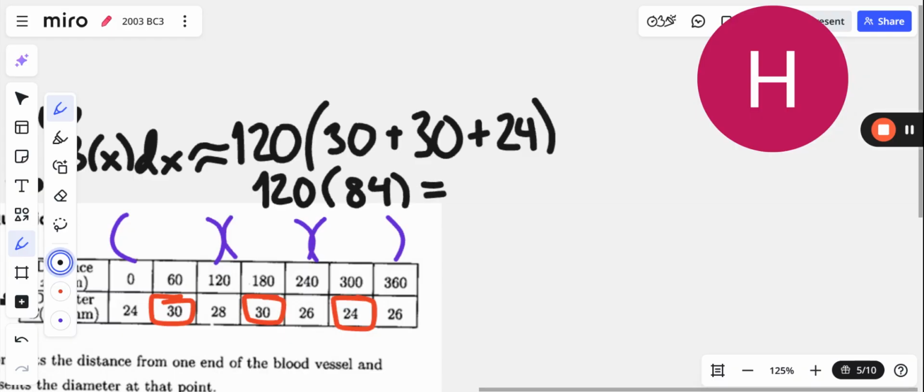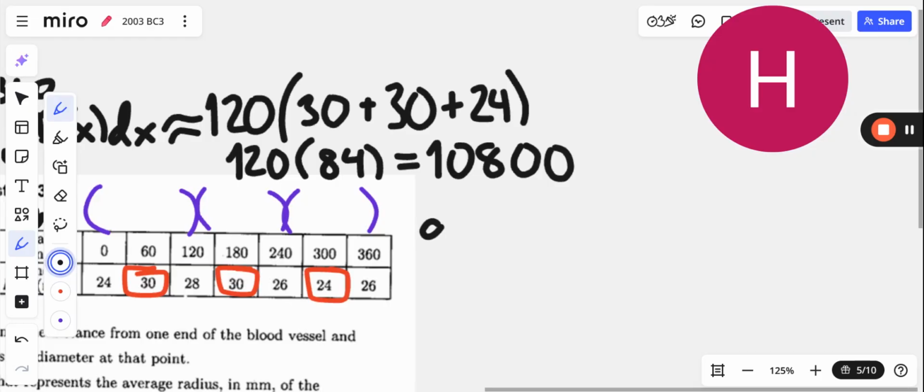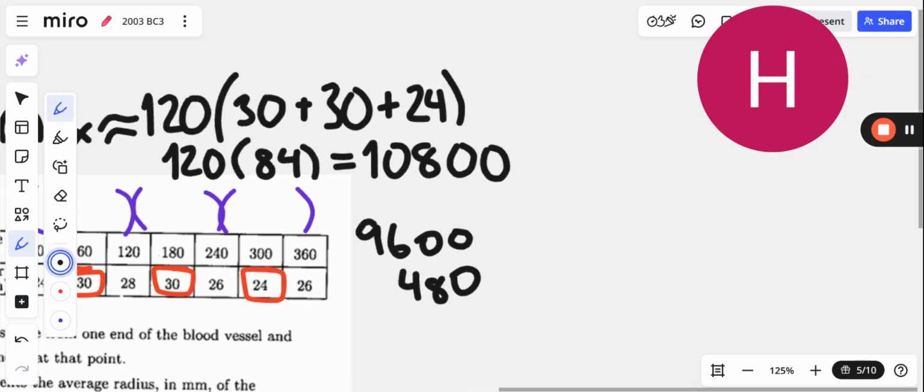Let's see what that's going to be. 10, 8, 0, 0? I believe that's what it's going to be. Let's see, we have 9600, and then we have 480. Ooh, so maybe not.